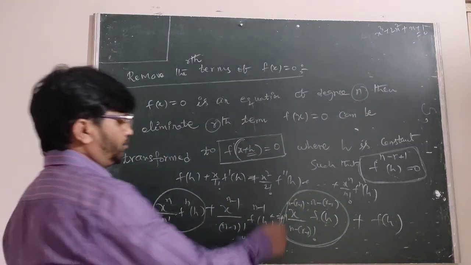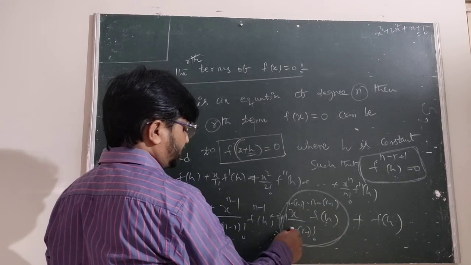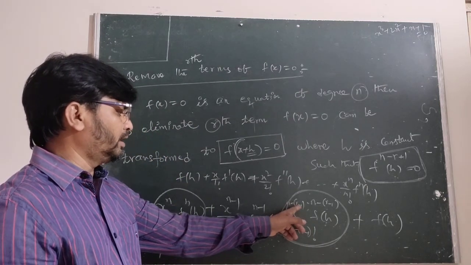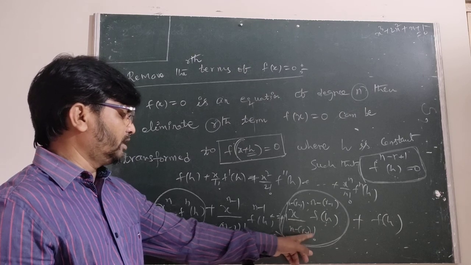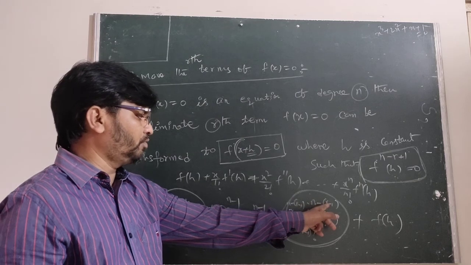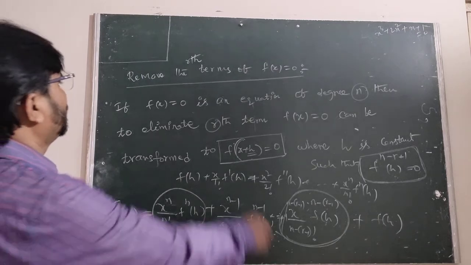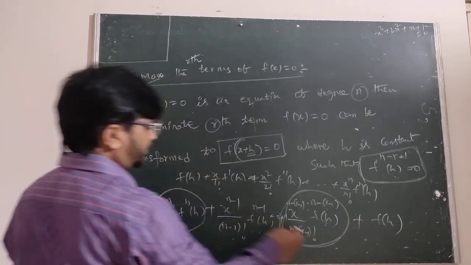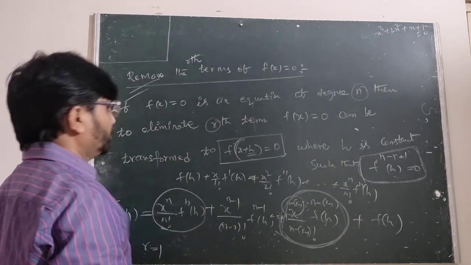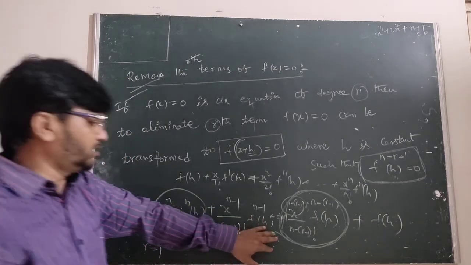The rth term means f^(n minus r plus 1) of h by n minus r plus 1 factorial, into x power n minus r plus 1. Suppose we want to remove the rth term, then the coefficient of the rth term must be 0. So we can remove the rth term in the expansion completely when this coefficient equals 0.